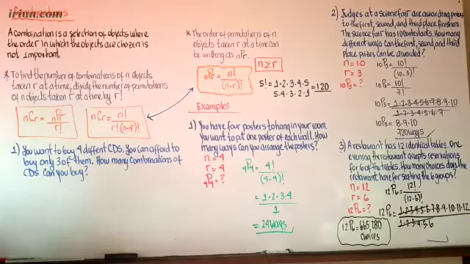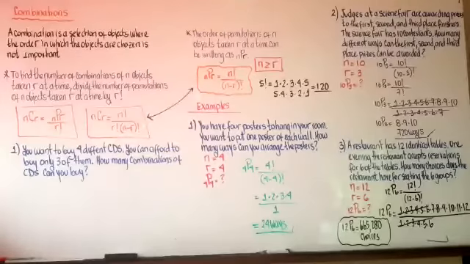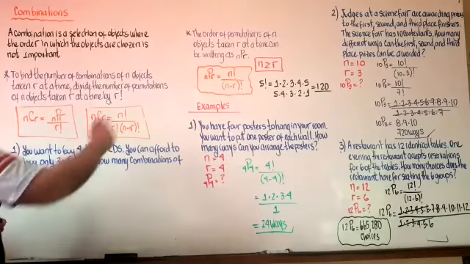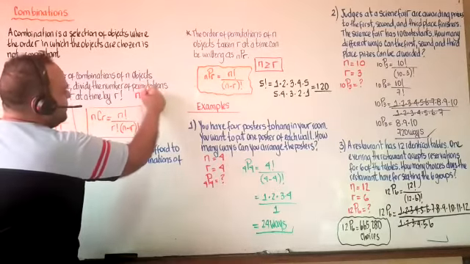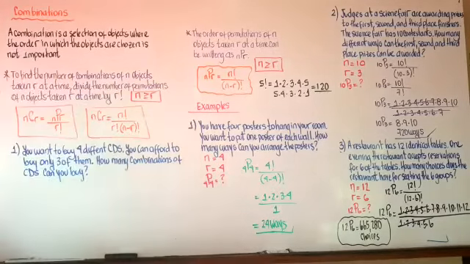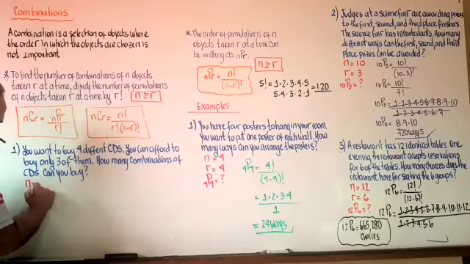As you can see, the problem is asking for the quantity of combinations of CDs that we have to make. In this formula, just like in the permutation, my dear students, the letter n has to be greater than or equal to the letter r, because we are working only with positive numbers. So we have to identify the values of n and r.